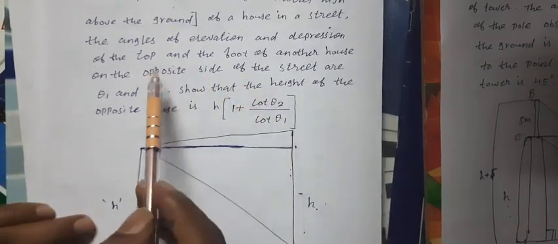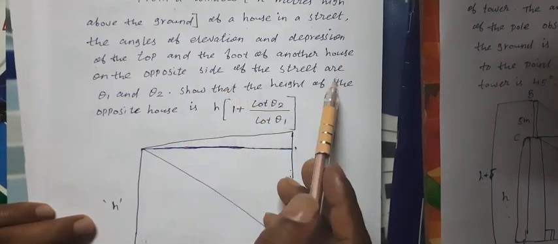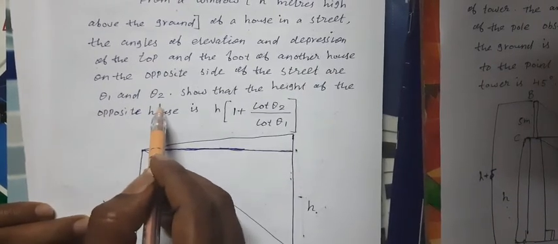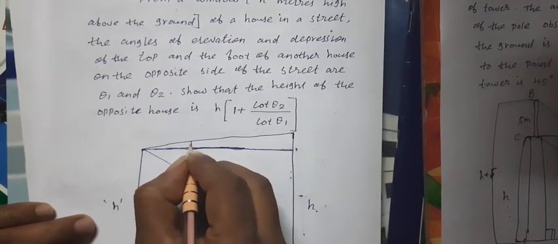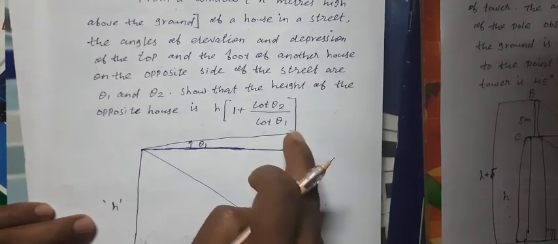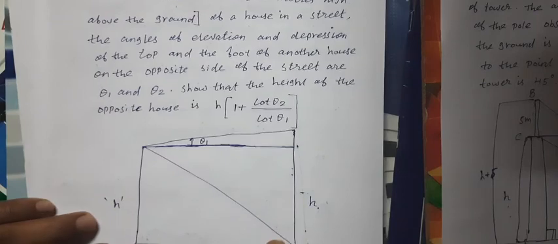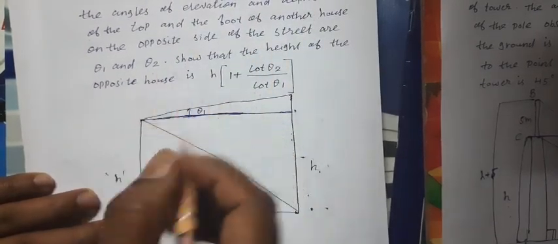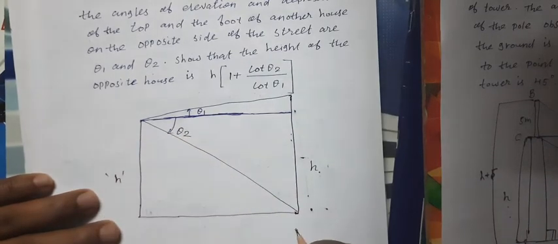Now the top and foot of the other house on the opposite side of the street are at angles theta 1 and theta 2. The top is at the angle of elevation theta 1, and the foot of the house is at the angle of depression theta 2.